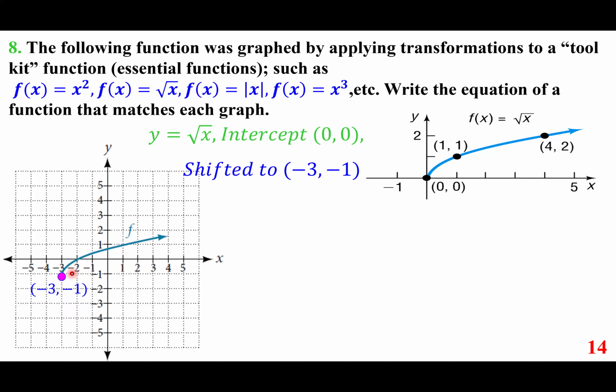There is a shift. So if this is the square root of x, you have a times square root of x plus h, plus k. And of course, in this case, -3 makes this x plus 3, and -1, or simply minus 1.